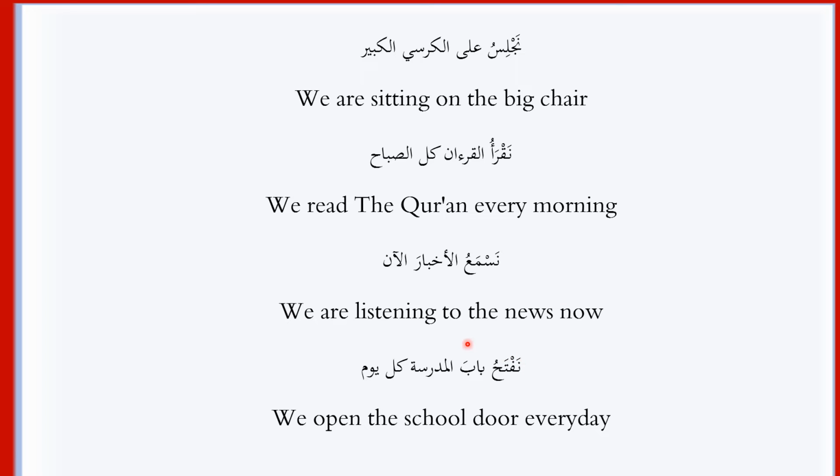Naftahu baba li-madrasati kulla yawmi, we open the school door every day. The words najlisu, naqra'u, nasma'u, and naftahu, all of the verbs have noon attached to the beginning of them, which makes them to be for first person plural.